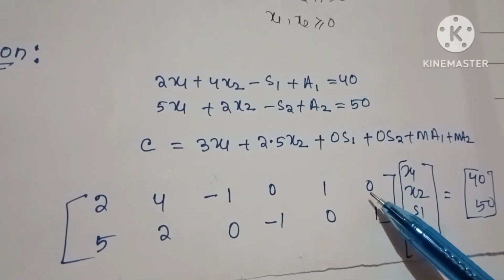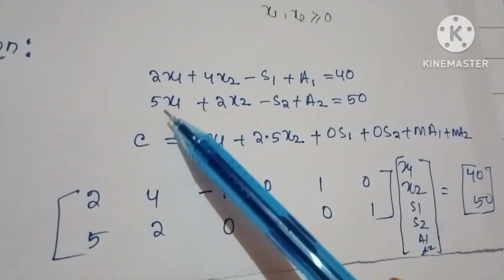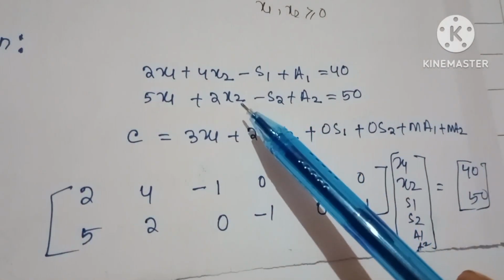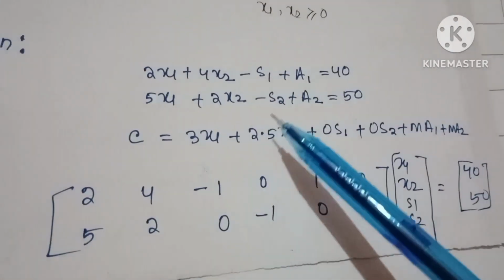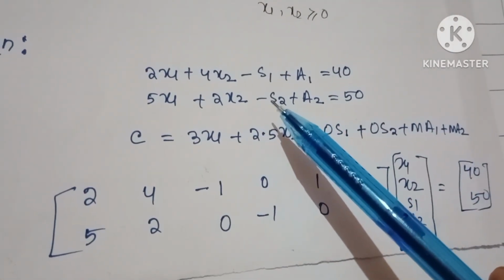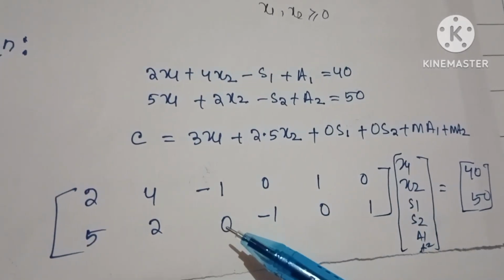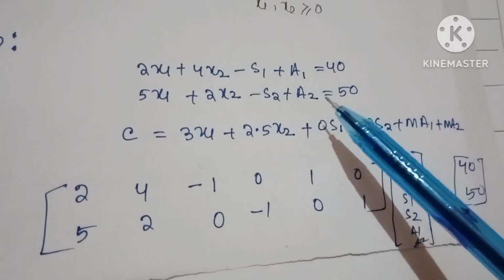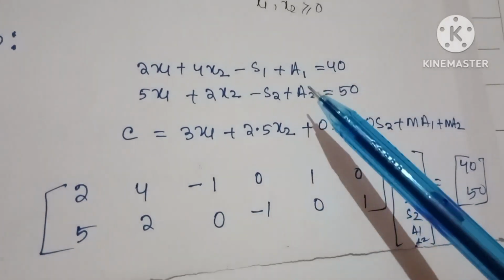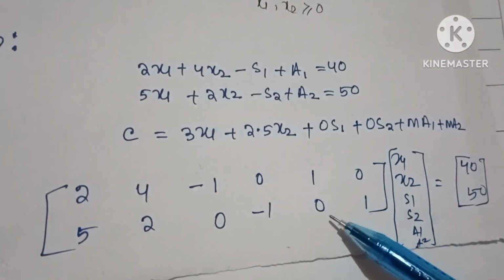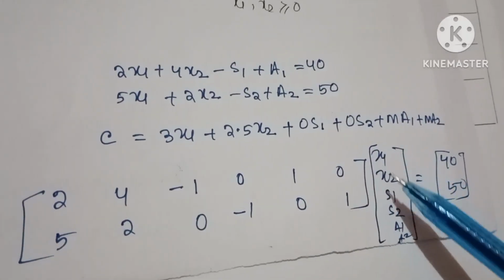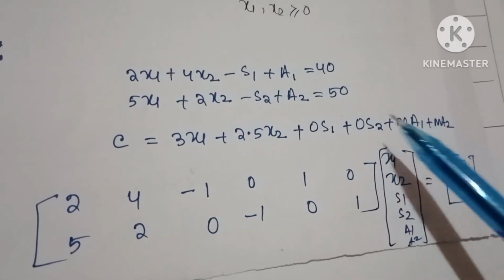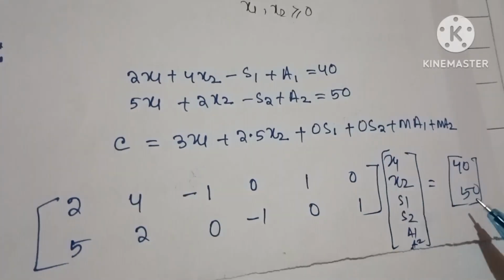Similarly, the coefficient of x1 is 5, x2 is 2, s1 is not there so 0, s2 is minus 1, a2 is 1, and a1 is not there so 0, multiplied by x1, x2, s1, s2, a1, a2, equal to 40 and 50.